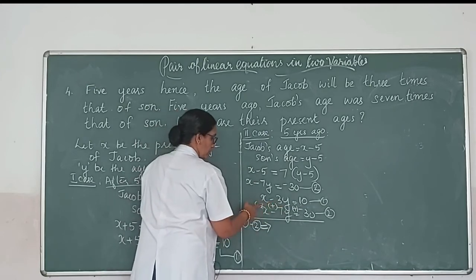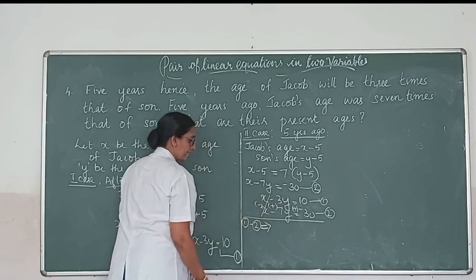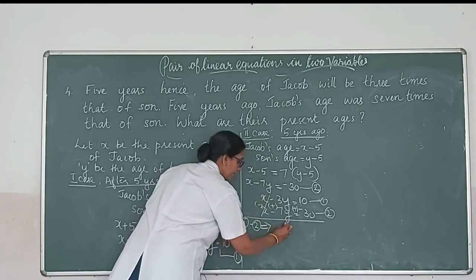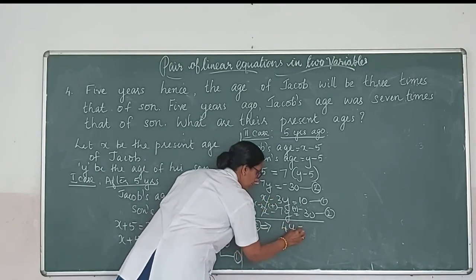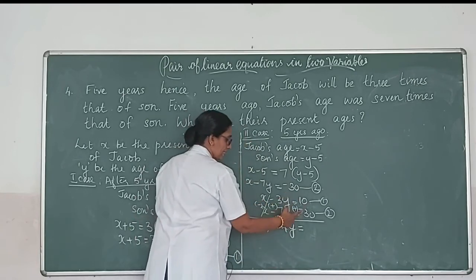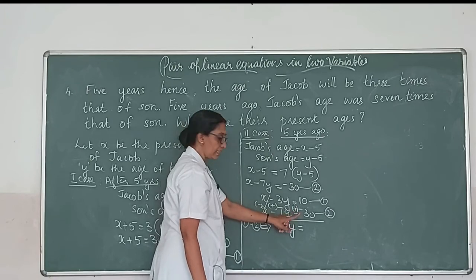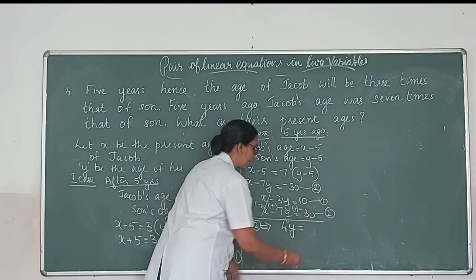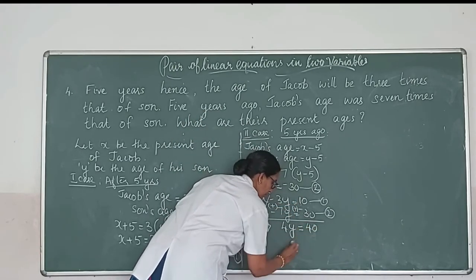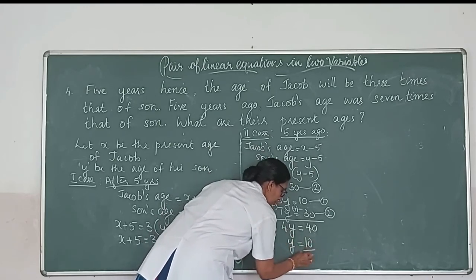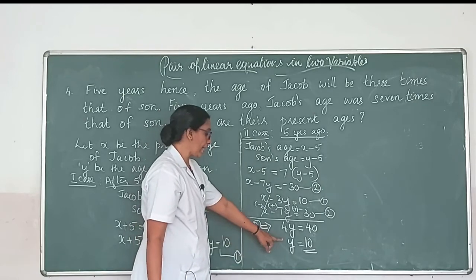So here this x is eliminated, minus 3 plus 7, it is 4y equal to 10 plus 30, minus 30 changed as plus 30. So 10 plus 30, 40. So y equal to 40 by 4, 10. Okay, we got value of y.